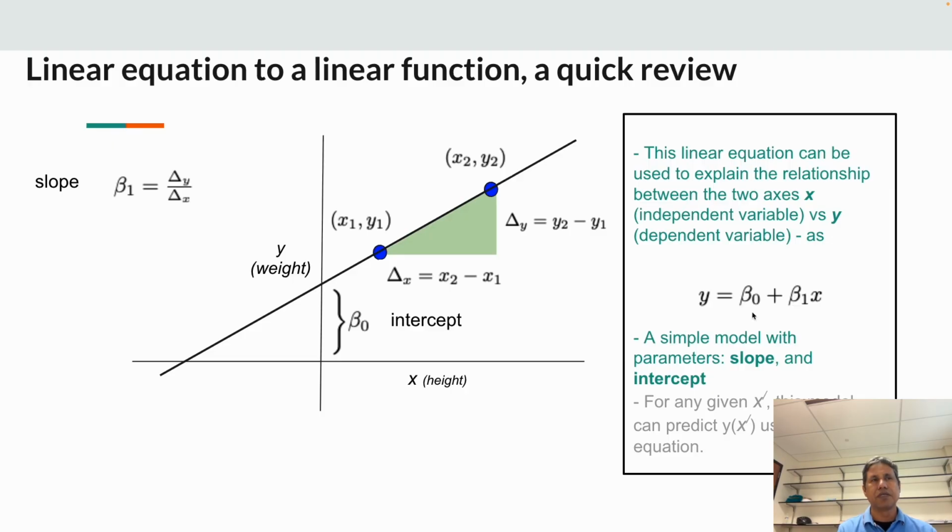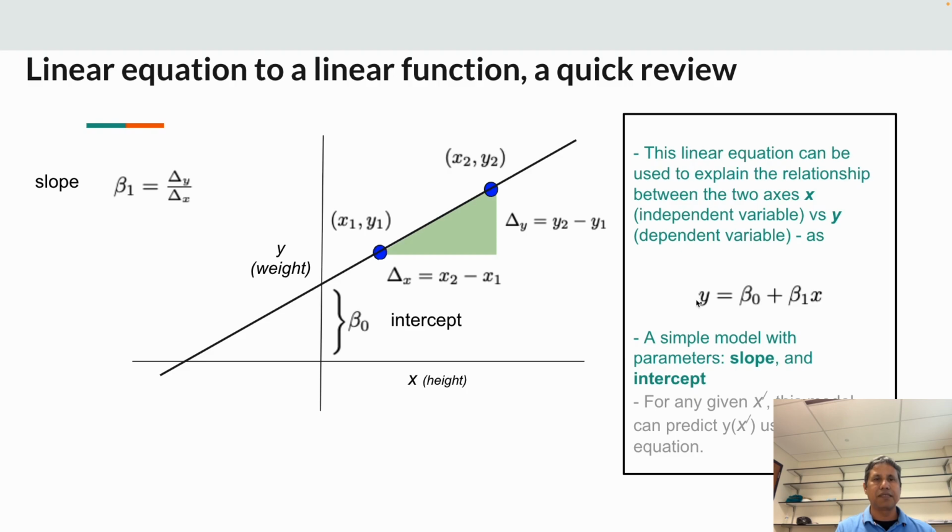This beta 0, we call the intercept, where the line intersects the y axis. And this beta 1 is the ratio of delta y and delta x, which is what we call the slope.